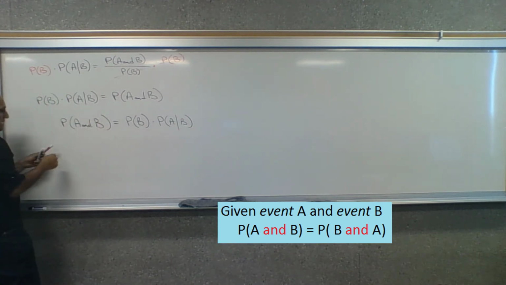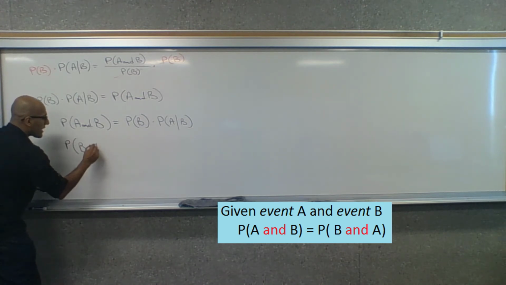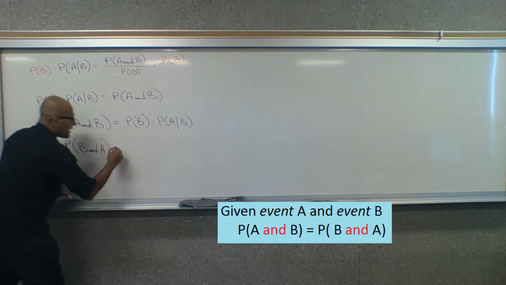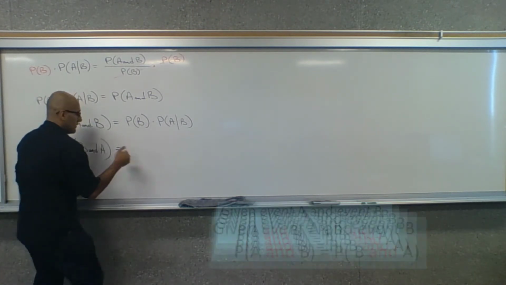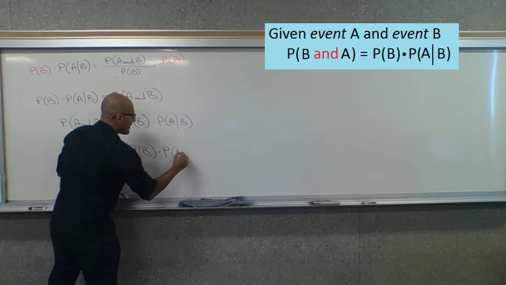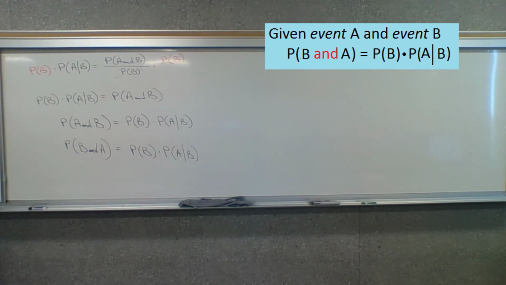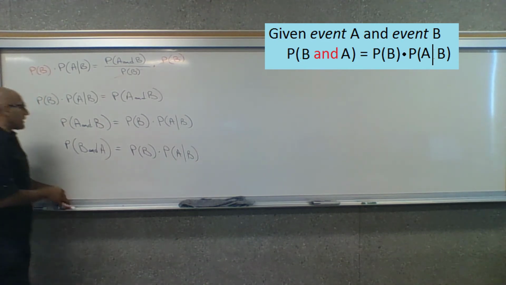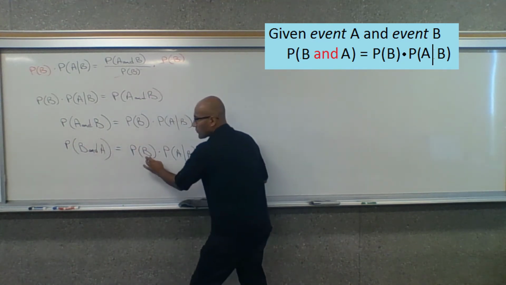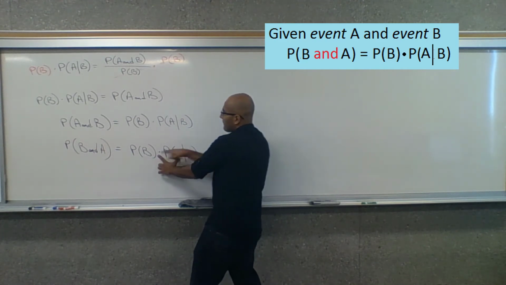So this can also be written as the probability of B and A. Totally okay. This is the same thing as this, which means that this is also equal to that. Probability of B times the probability of A given B. That makes sense? Okay, so the probability that they both happen, A and B, is equal to the probability that the first one happened times the probability that the second one happened, given that the first one has happened.